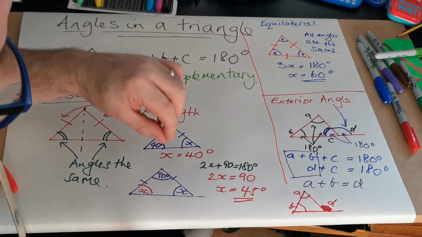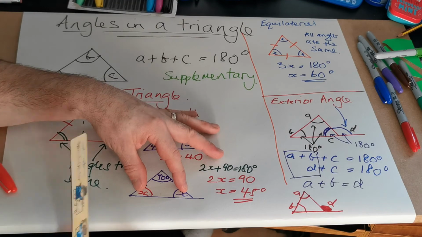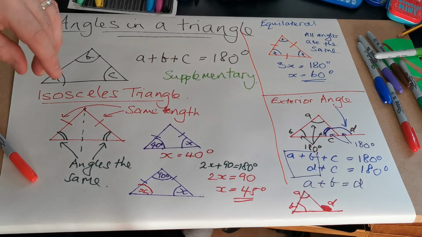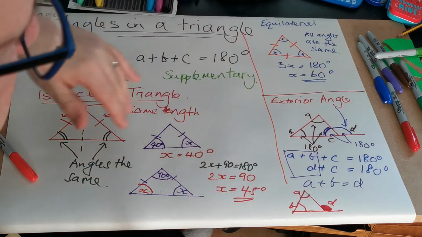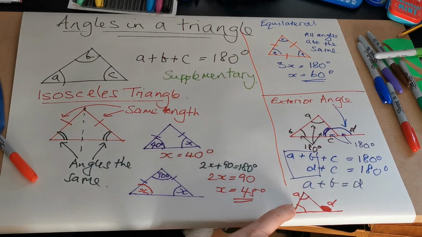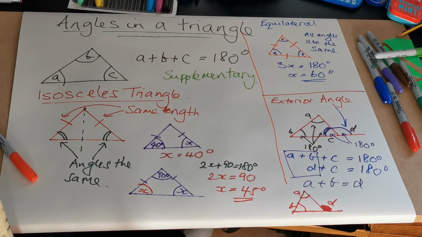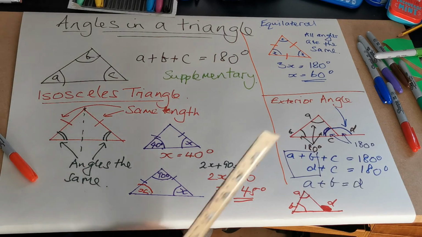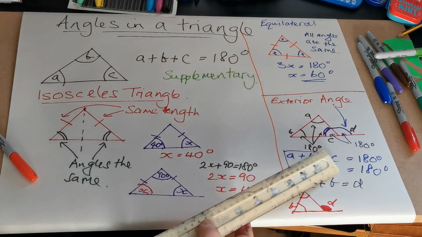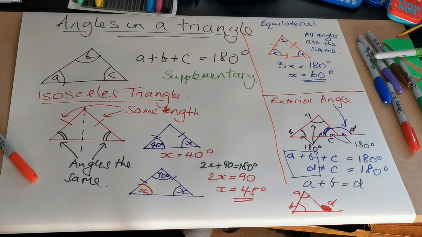The other one is where they ask you to find an angle that's not the same, and then you have to find both the ones down here to find what one is. Equilateral, always the same, 60 degrees. And on this exterior angle, these two angles here equal that one out there when you add them together. Because of this rule, A plus B plus C equals 180 degrees and C plus D equals 180 degrees. So it follows quite clearly that that's the case.